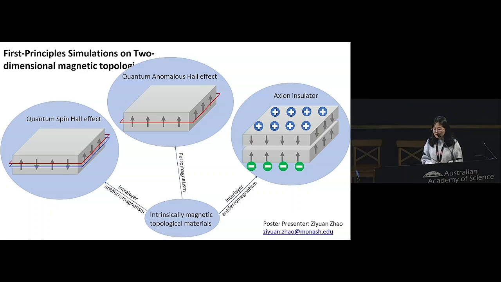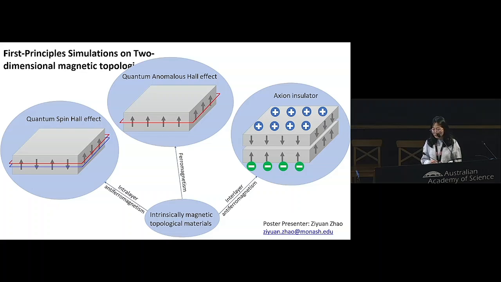Besides, different magnetic configurations combined with topology can present different topological properties. So the magnetic topological materials can provide a good platform for exploring interesting topological states, which are expected to be used in the future electronic devices.